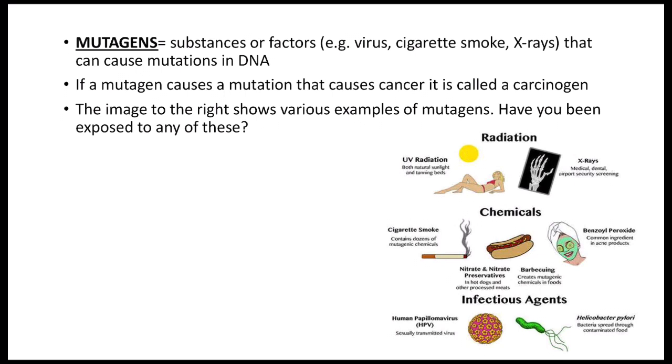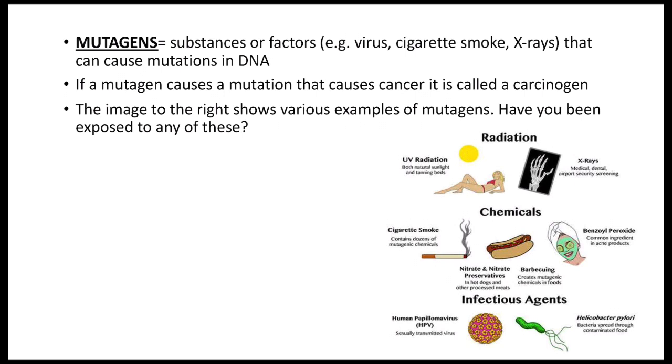Infectious agents such as HPV, human papilloma virus, is a sexually transmitted virus and is linked to cervical cancers, among others. And then last, there are some bacteria that can spread through contaminated food that can also be considered mutagens because they can cause mutations within the cell.